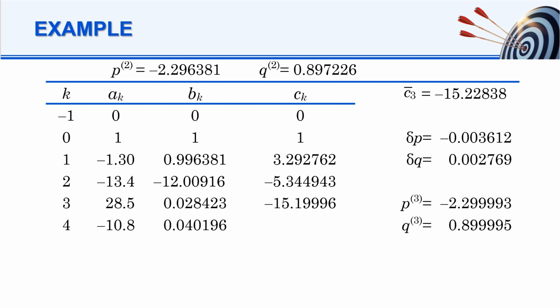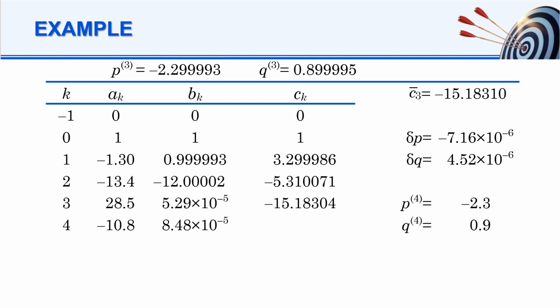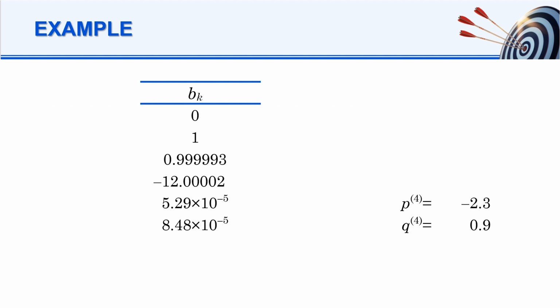Note that the convergence criterion on the absolute values of delta p and delta q is yet to be satisfied. Repeating this iteration procedure one more time, we get the convergence criterion satisfied. p and q values are found to be minus 2.3 and 0.9, for which the quadratic equation yields two real roots.